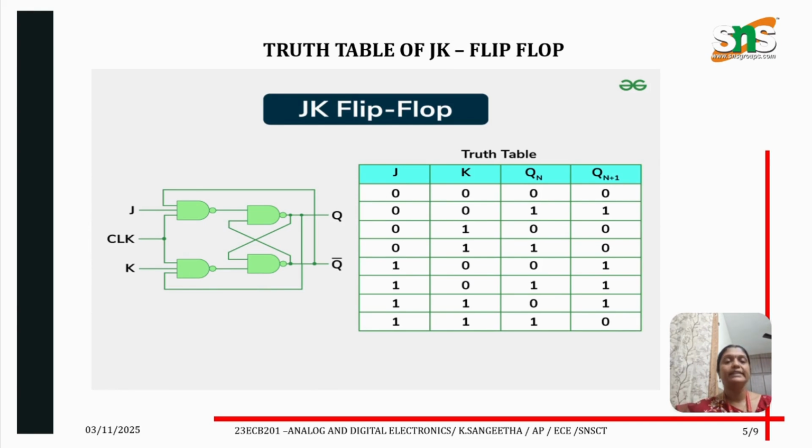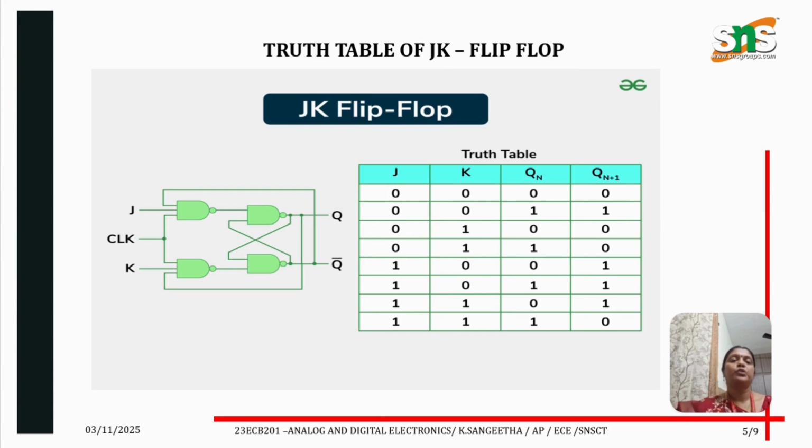As I said earlier, it behaves like an SR flip-flop. So this is the block diagram and truth table, and it can be designed using 4 NAND gates. J and K are inputs along with the clock input, and Q and Q bar are the outputs.